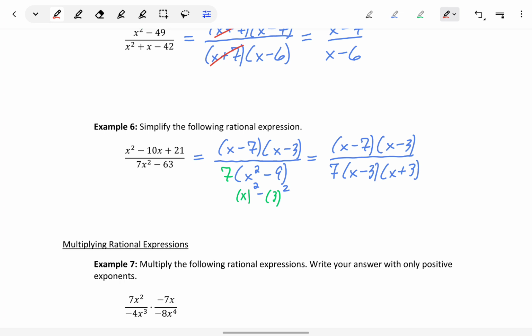Once we pulled out that greatest common factor, then we did have something that fits that pattern for difference of squares. And now we can cancel x minus 3, that factor that's common between the numerator and denominator, leaving us with x minus 7 over 7 times x plus 3.